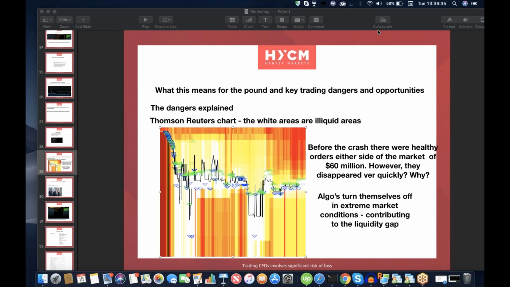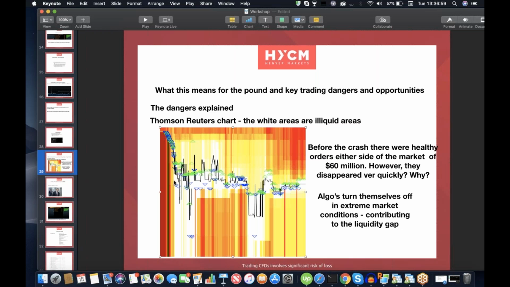And there's an increasing phenomenon called algorithmic traders. It's just an automatic way of trading that many big banks use. But in extreme conditions, they will turn themselves off. So you can see, look, in the minutes leading up to the flash crash, there were lots of orders in place. There was $60 million worth of orders in that time frame.